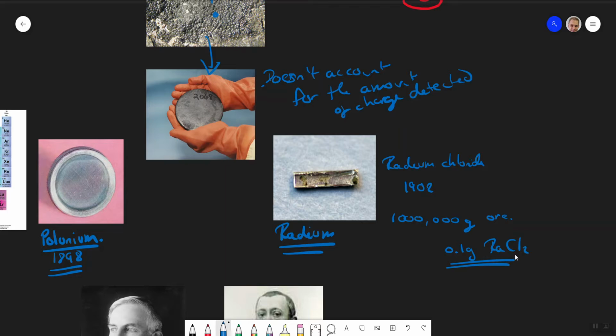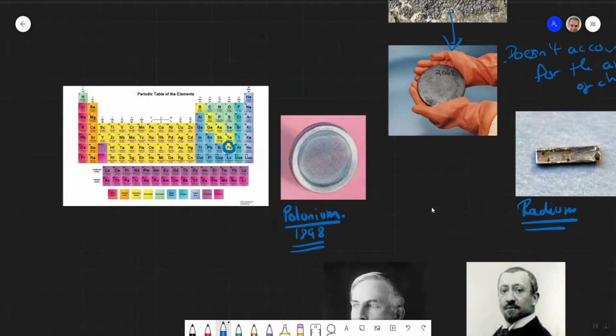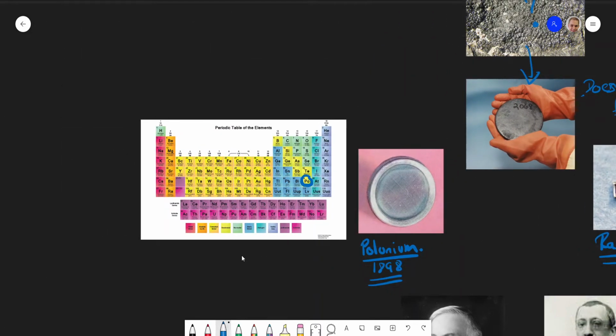Now, why was it so hard to find? Well, A, it's in there in minute quantities. But the other big problem that they had is that radium, on this part of the periodic table, behaves a lot like barium. And there's quite a lot of barium already inside this ore. So to chemically separate two things that are very, very similar, not even knowing that there's very little radium inside it.